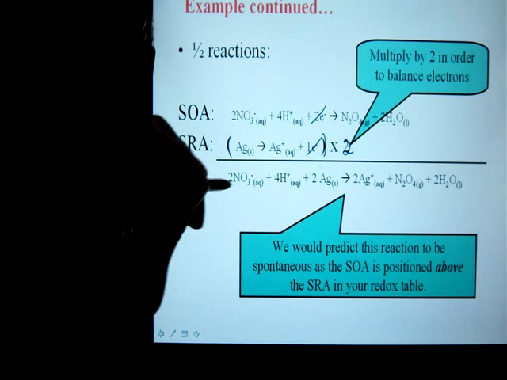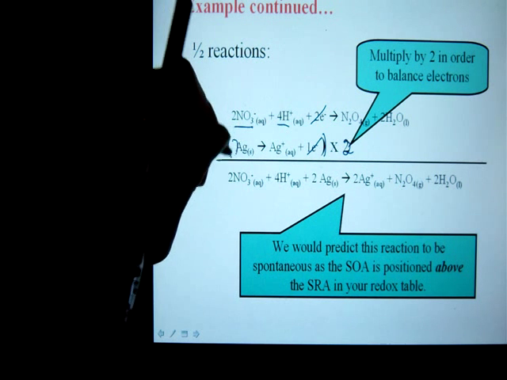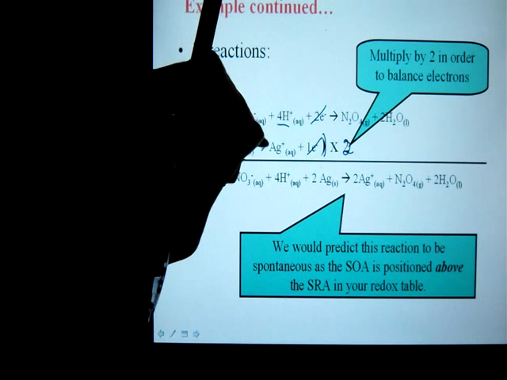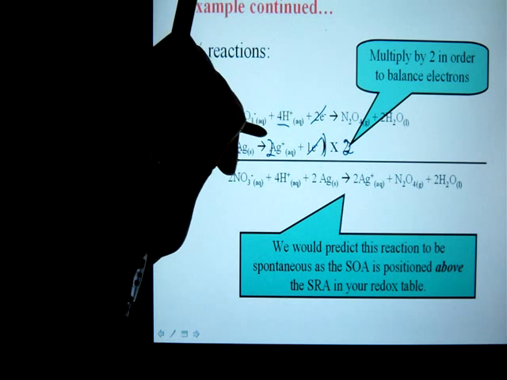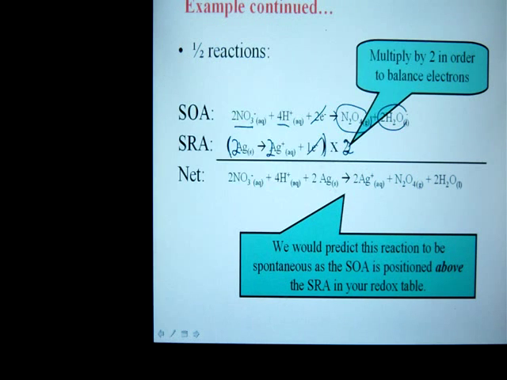I have 2 NO3s left, 4 H pluses, 2 silver, because I multiplied this by a factor of 2. Those are all my reactants. Produce 2 silver ions, one N2O4, and 2 waters. And then I'm left with my net reaction. Make sure when you do this, you do not have any electrons left in your net. If you do, you screwed up somewhere.